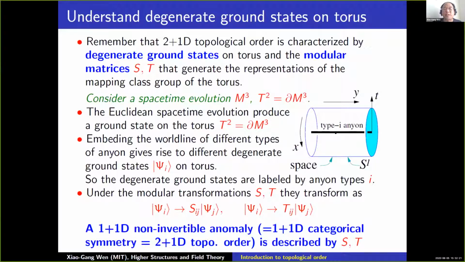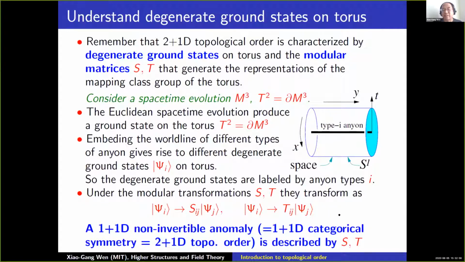So from here you can see that the different degenerate ground states are labeled by the anion type in the bulk, and the index of this ST matrix is also the anion type. So this ST matrix, labeled by anion type, really gives this characterization of 2+1D topological order, or equivalently, it is a 1+1D non-invertible anomaly, or 1+1D categorical symmetry.